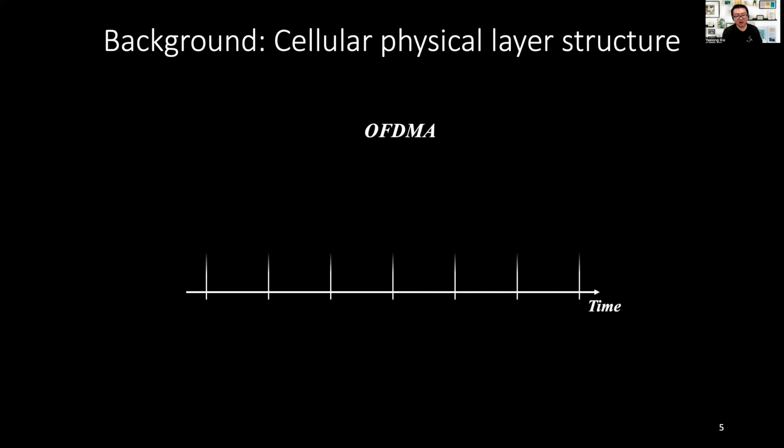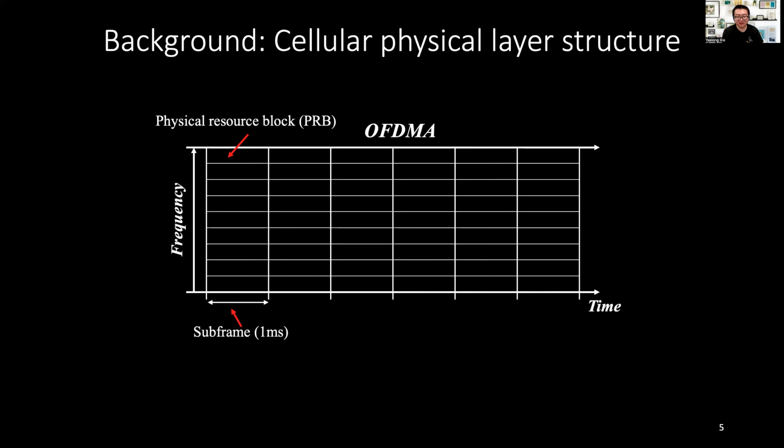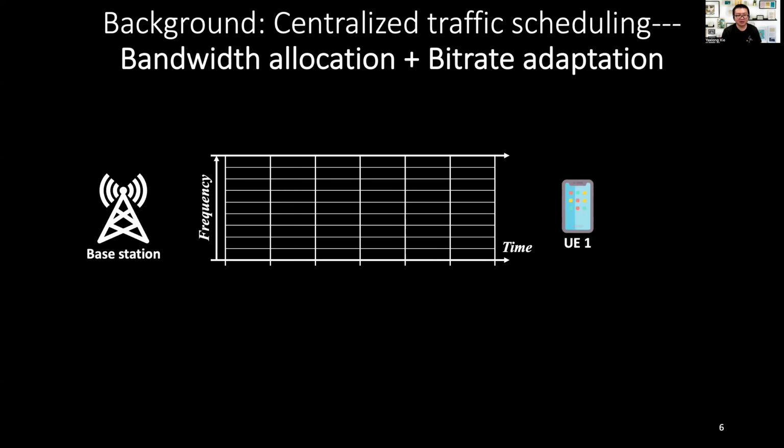To answer that, let's look at the physical layer structure as background. Both 4G and 5G use OFDMA in the physical layer, which divides time into subframes and the bandwidth into a lot of small blocks called physical resource blocks. To transmit data on OFDMA, the cellular network uses centralized traffic scheduling, which means the base station controls every aspect of the transmission.